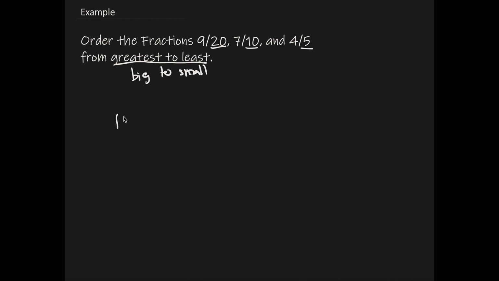Let's check: 10, 20, yes, 20 is a multiple of 10. Is 20 a multiple of 5? 5, 10, 15, and 20. It's also a multiple of 5. So now we know that 20 is our common denominator.